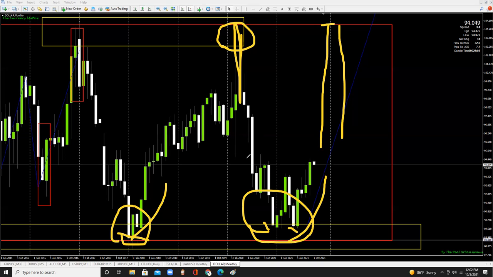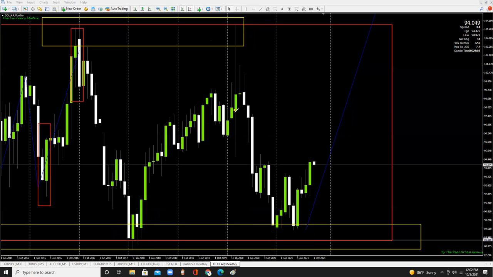But what fills a wick is the actual bodies and closes. Even for this particular wick down here, it was where price wanted to go, but price was neither accepted or rejected until this candle came and filled it.